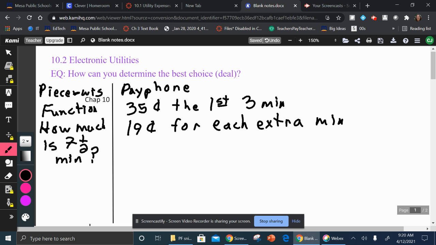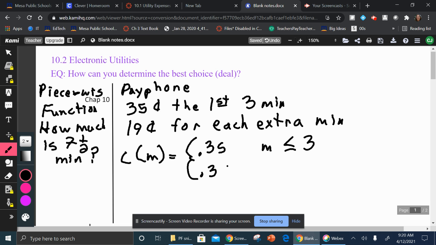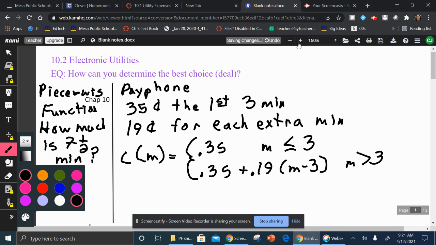Okay, so our function for this, everybody, so our piecewise function, the cost per minute, is going to be equal to, so 35 cents plus 19 cents, then the minutes minus 3. Okay, so we're going to round it up.